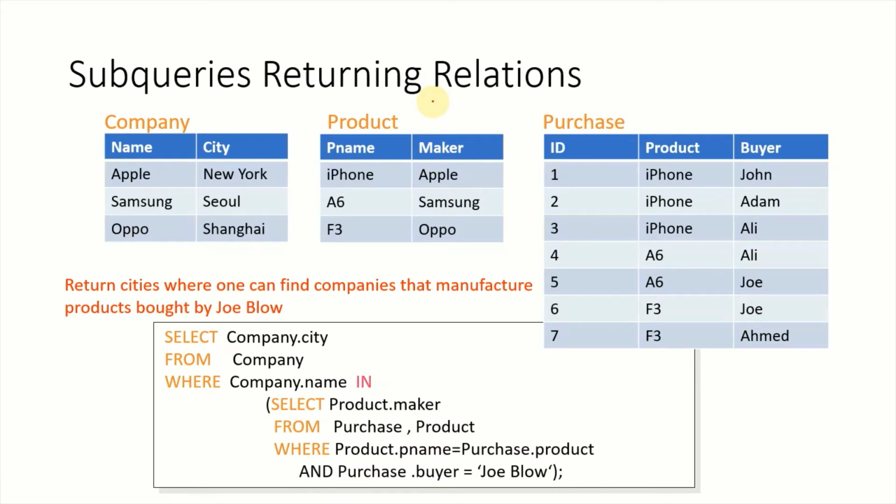Here we have three tables: company, product and purchase. So we have a question here: return cities where one can find companies that manufacture products bought by Joe Blow. So first we will look into the purchase.